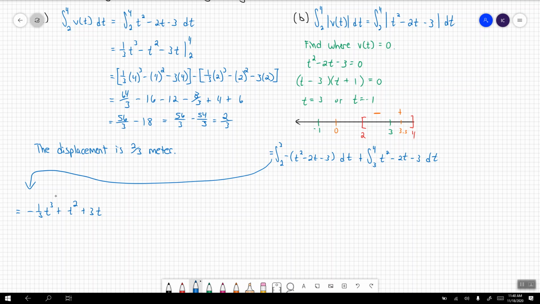This is all evaluated from 2 to 3. Plus t squared, integrate that, that will get us 1/3 t cubed, negative t, that's going to be negative t squared minus 3t. This one's evaluated from 3 to 4.